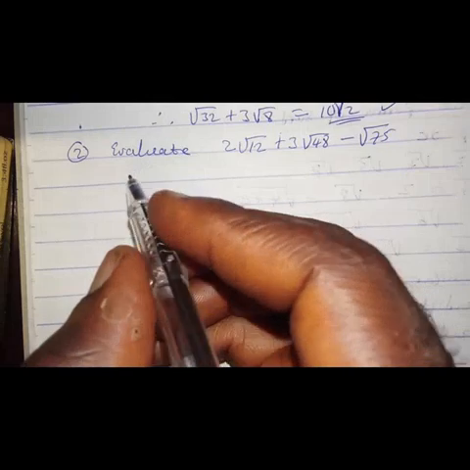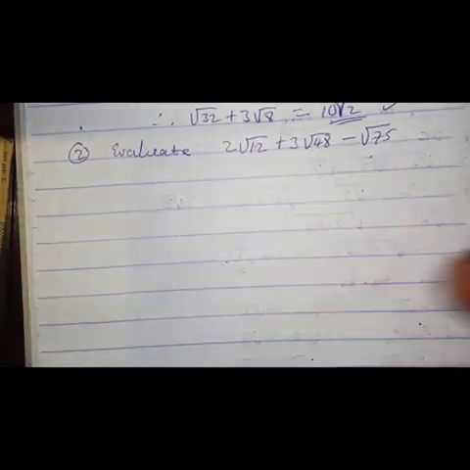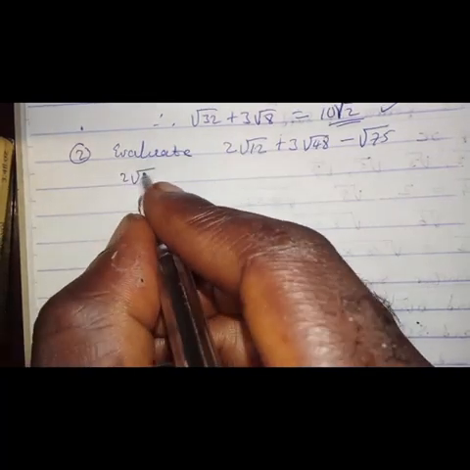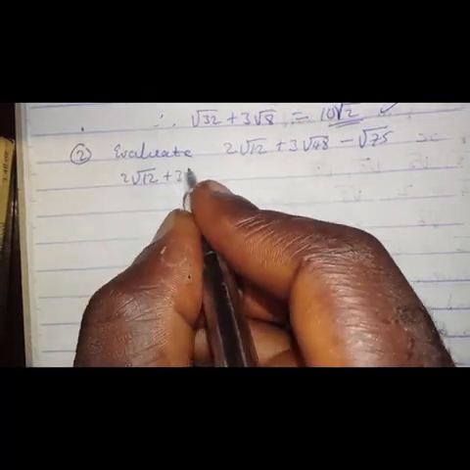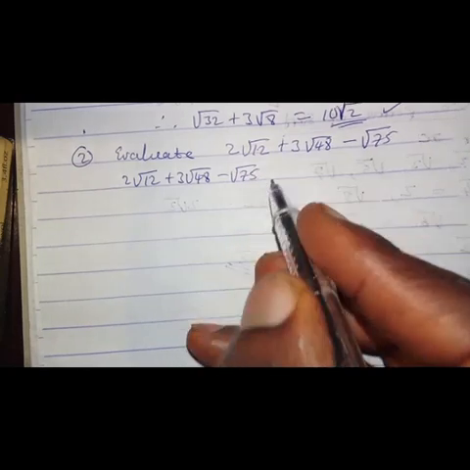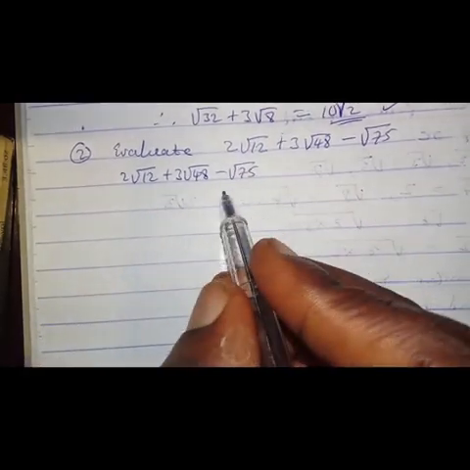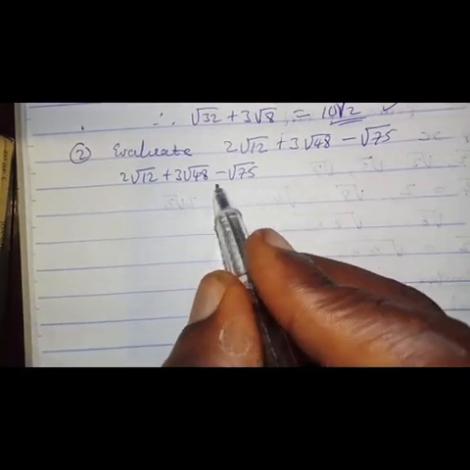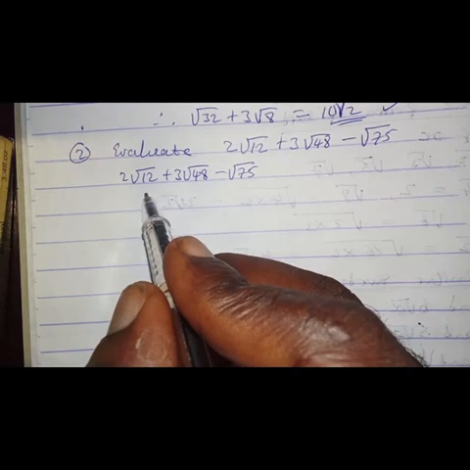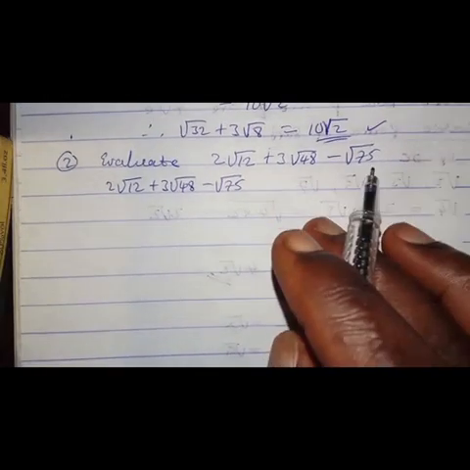So, assume we have it somewhere, we have 2 root 12 plus 3 root 48 minus root 75. Like we said earlier, you can see they are not similar for now, but we have to make sure that they are all in their simplest form before we can conclude whether they are similar or not.